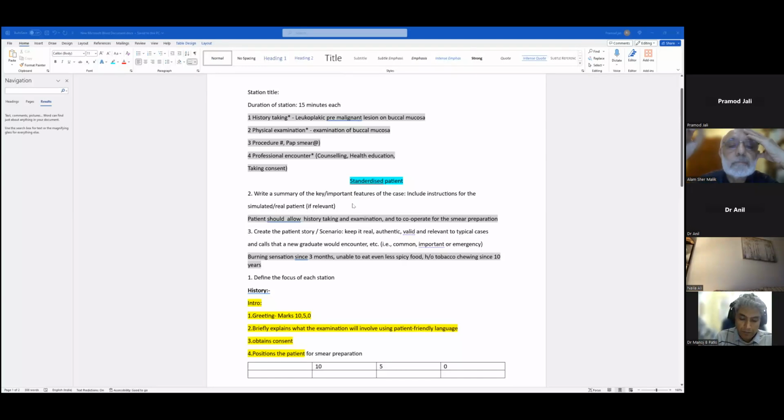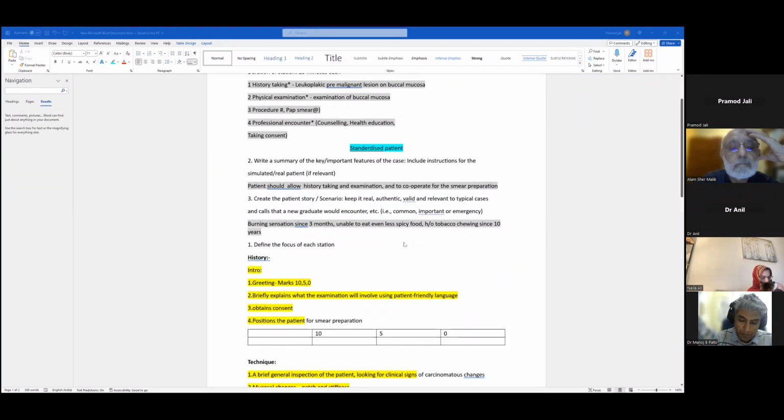For this standardized patient, I made some instructions that the patient should allow history taking and examination, and cooperate for the smear preparation.